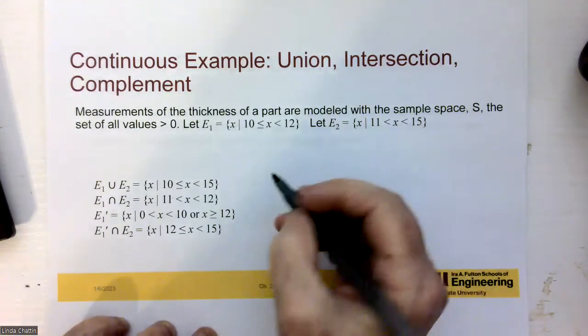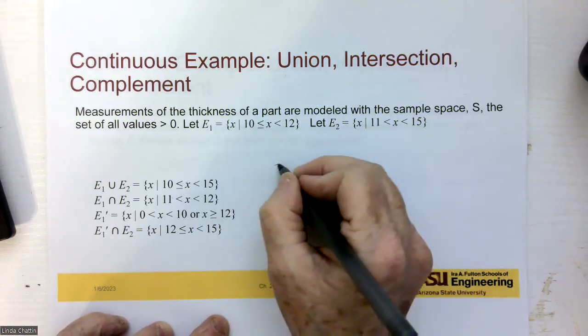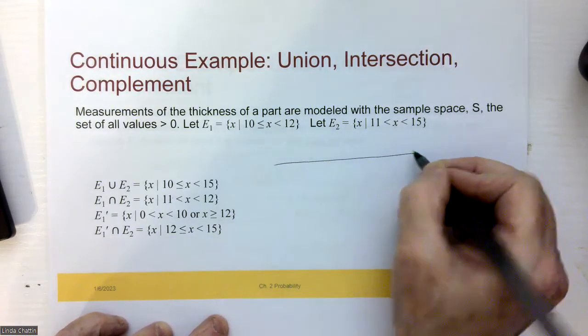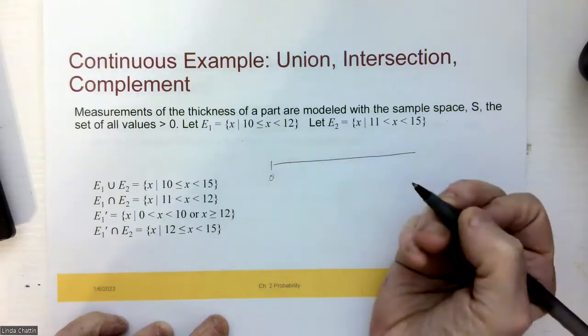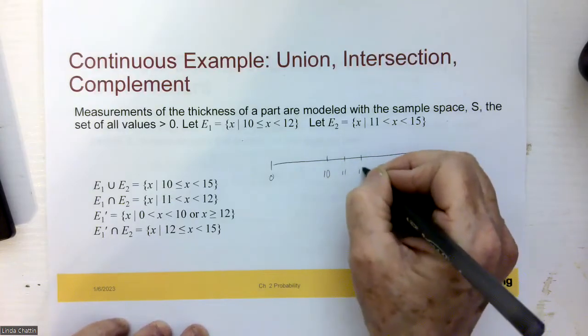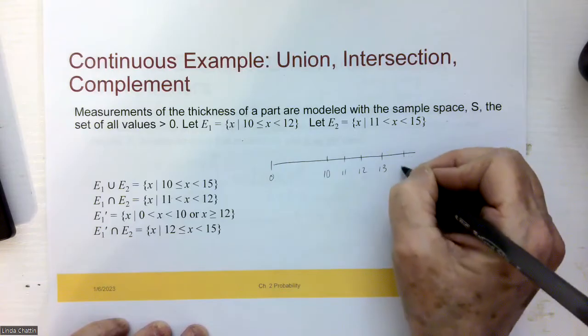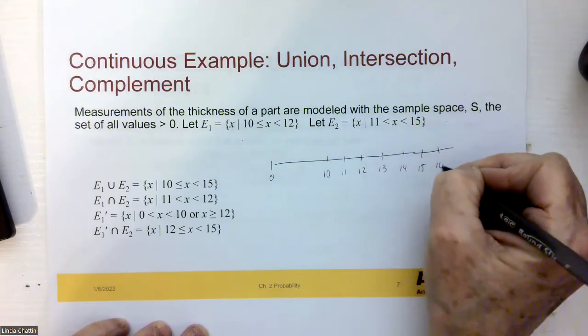So for E1 union E2, let's go here. We have 10 up to 15. This is a 0. So let's make this, we'll go 10, 11, 12, 13, 14, 15, and then 16, and then it's going to go on.